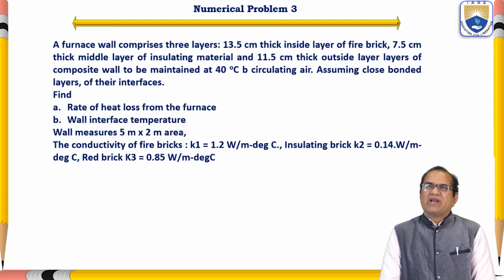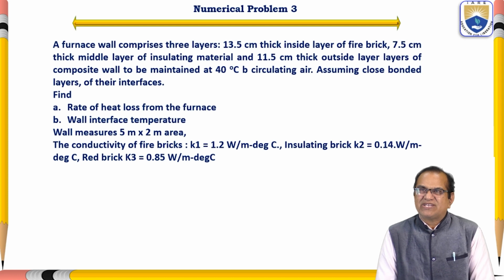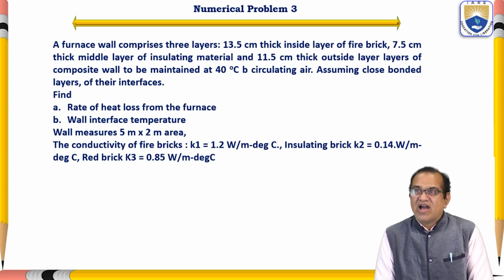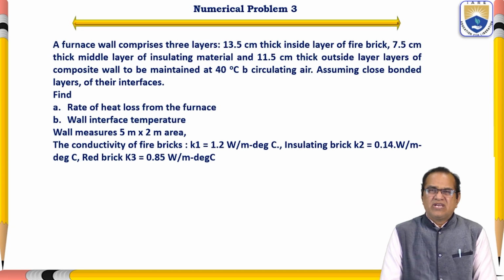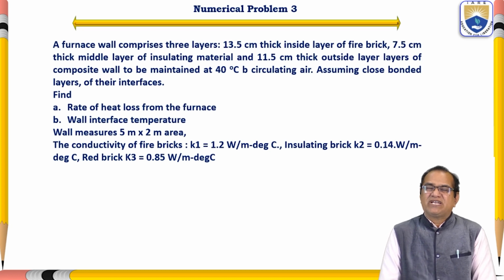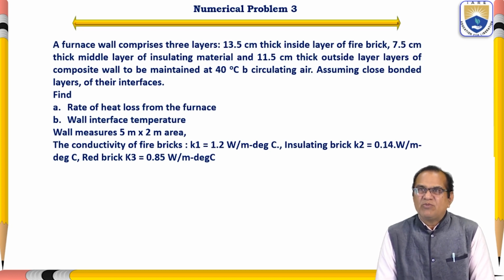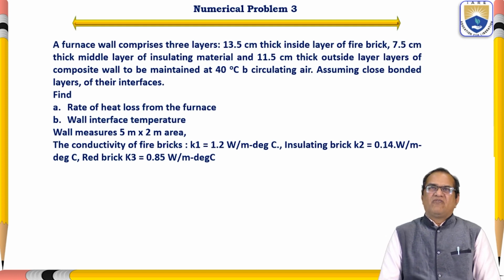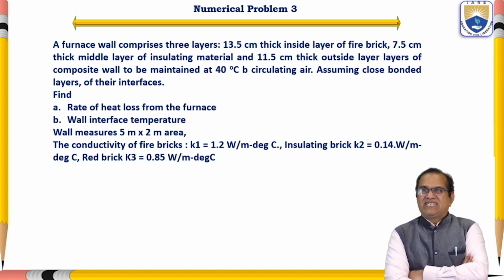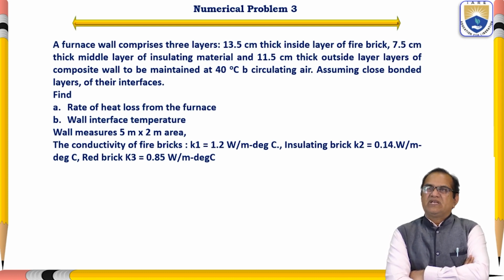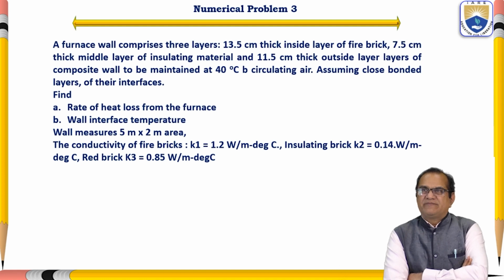Now I will go for the next problem. A furnace wall comprises 3 layers: a 13.5 centimeter thick inside layer of fire brick, a 7.5 centimeter thick middle layer of insulating material, and an 11.5 centimeter thick outside layer of red brick, with the composite wall maintained at 40 degrees centigrade by circulating air.